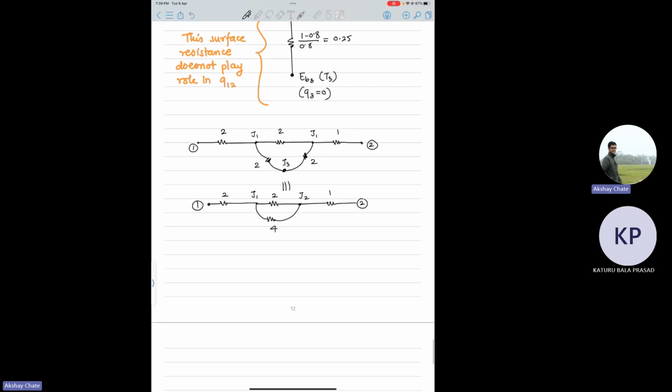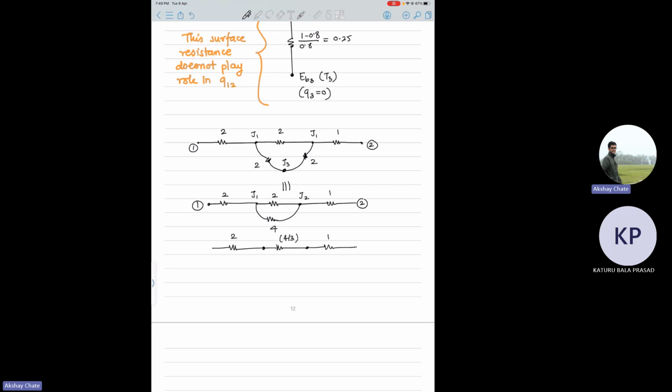So now you have resistance 2 and 4 in parallel. So what will be the effective resistance? 1 by 2 plus 1 by 4. That will be 6 by 8. So effectively it will be 8 by 6. So this remains as it is. This becomes 4 by 3.